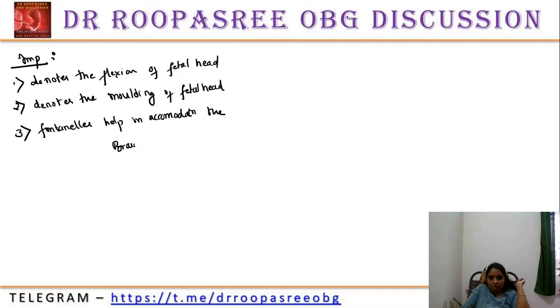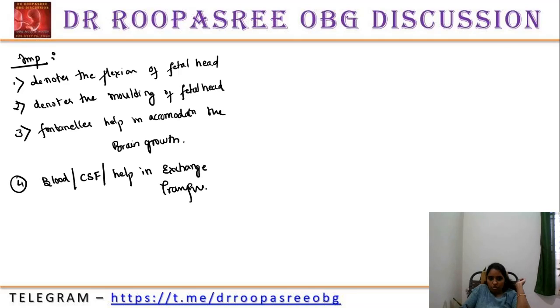And the last point is that these fontanelles help in collection of blood and cerebrospinal fluid (CSF), and help in exchange transfusions. We will come to this in the coming topics: what exchange transfusion is and why we do it.